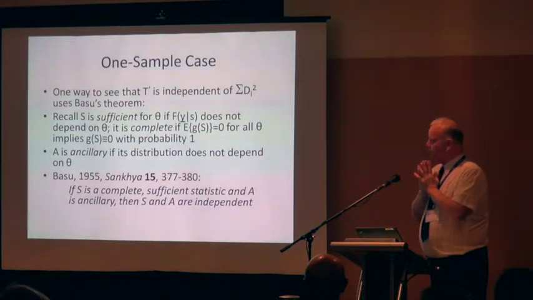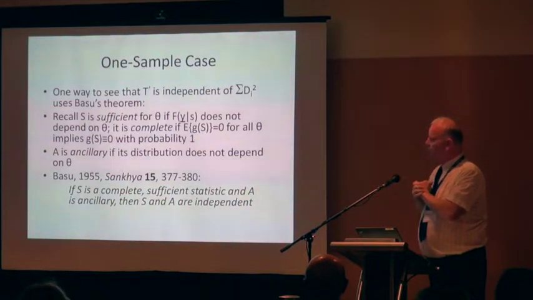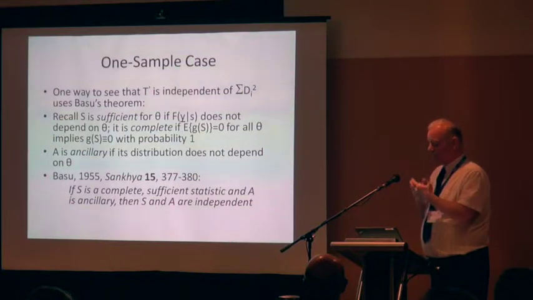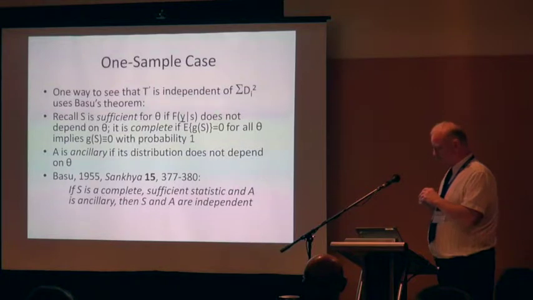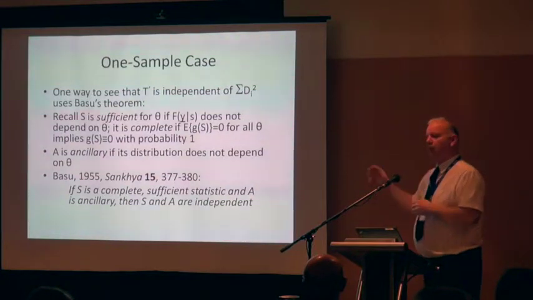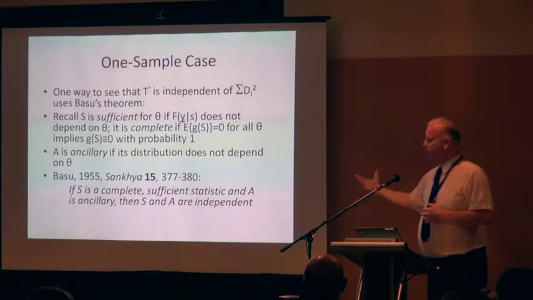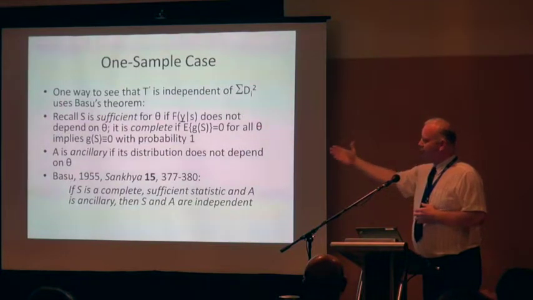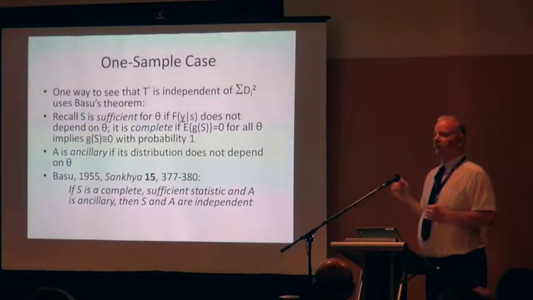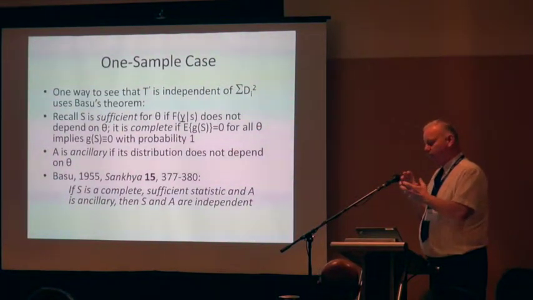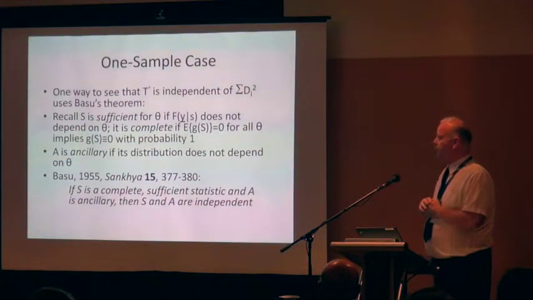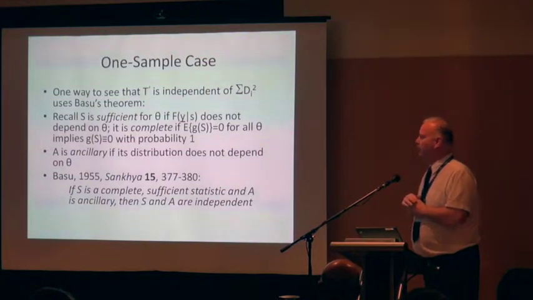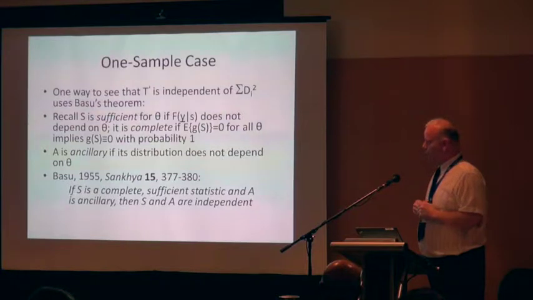These two things are very important if you're trying to find the minimum variance unbiased estimator, because you really should look only at sufficient statistics, and then if the sufficient statistic is complete, that means you can only find one function of the sufficient statistic that is unbiased. So it's helpful in that area, among others.